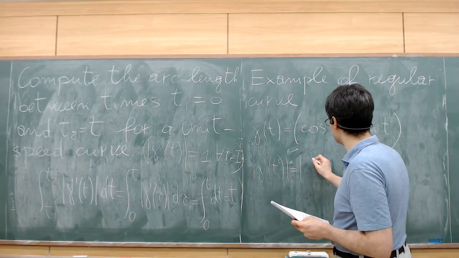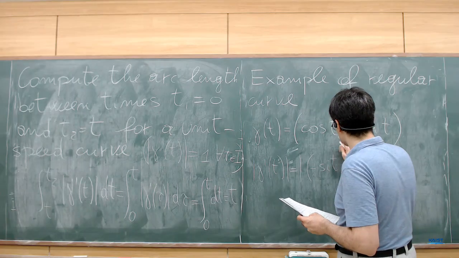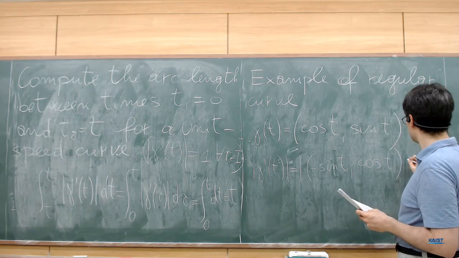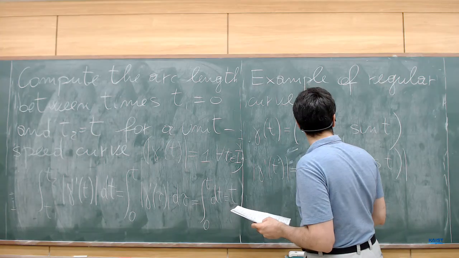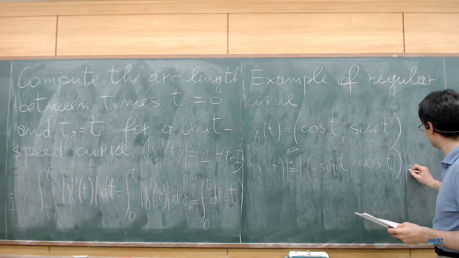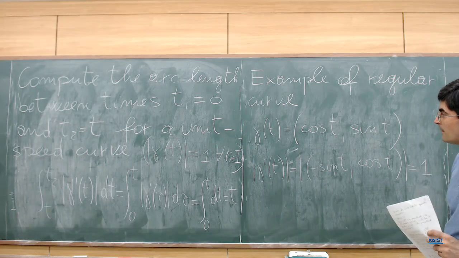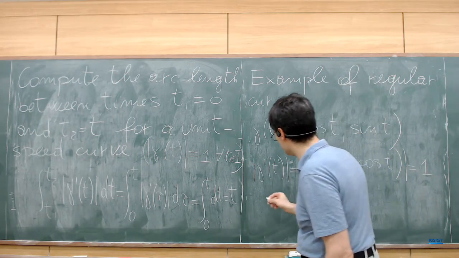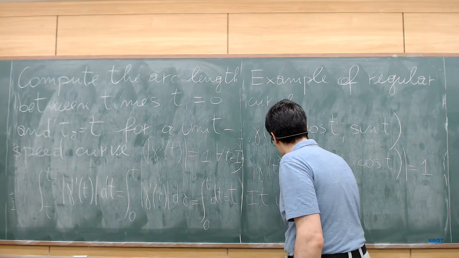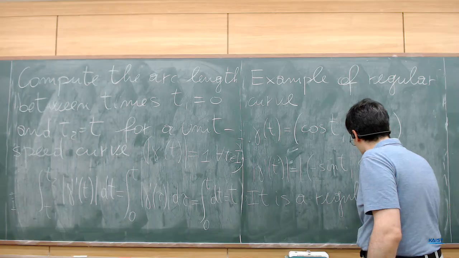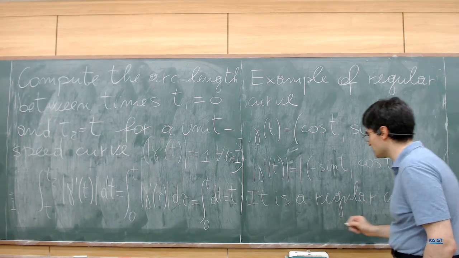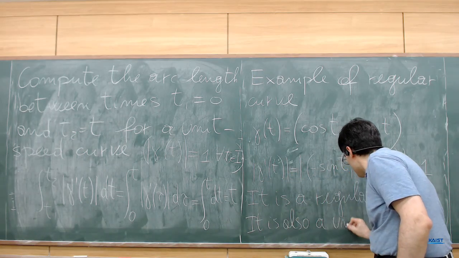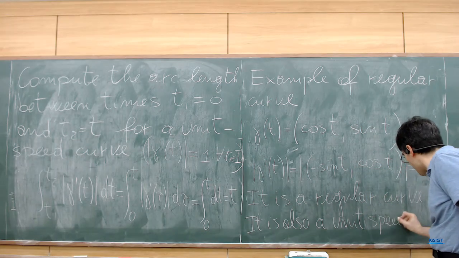This is the length of the vector minus sine of t, cosine of t, and it is very easy to see that this is equal to 1. So this is not only a regular curve but also a unit speed curve.